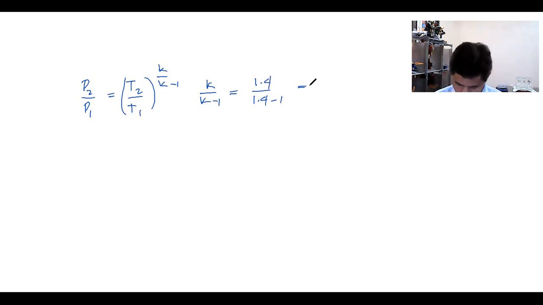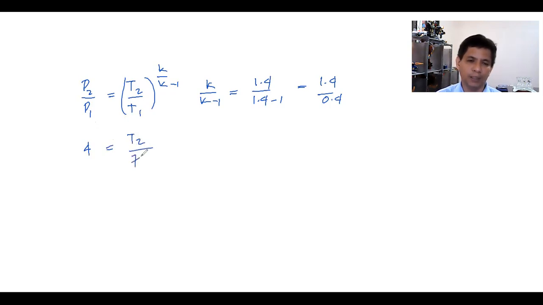Actually, hindi ko pala kinalculate. You know what I do is I place it in the equation. So this is equal to 1.4 over 0.4. And then itong P2 over P1, kasi sinabi ng problem, ang pressure ratio daw ay 4. So sinubstitute ko lang dito yung 4. P2 over P1. Tapos, I'm trying to calculate T2.